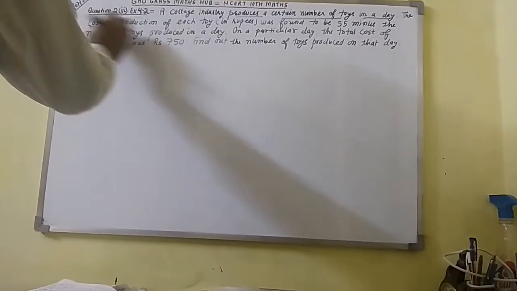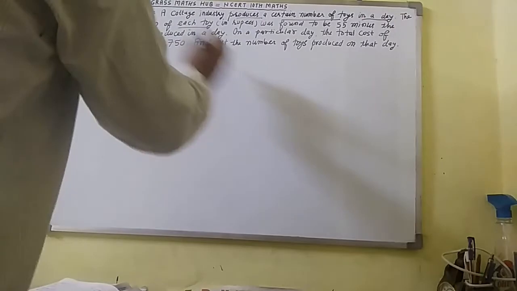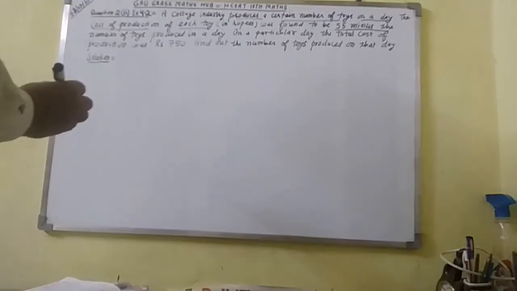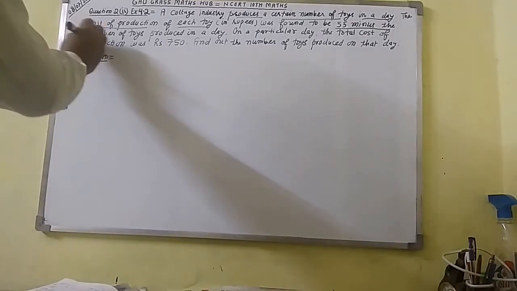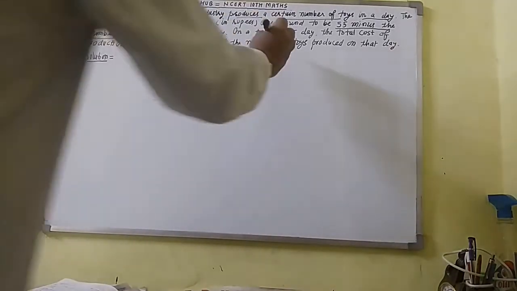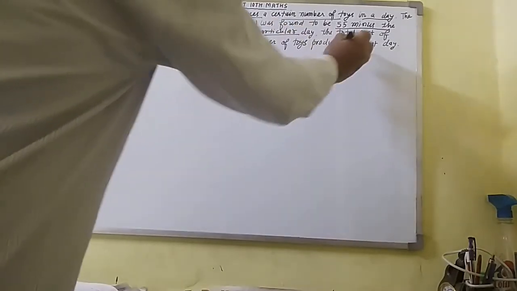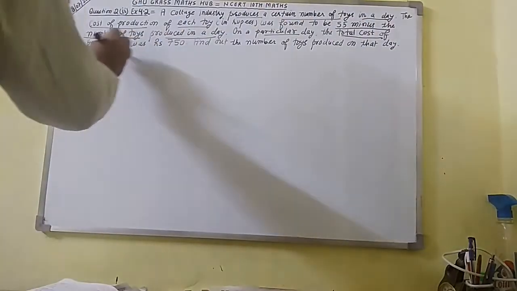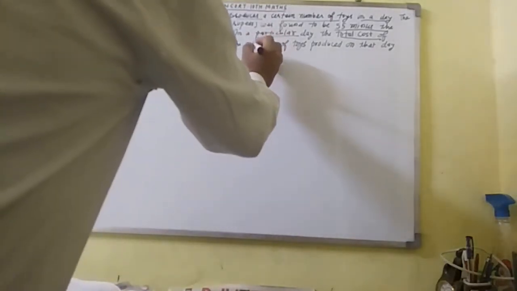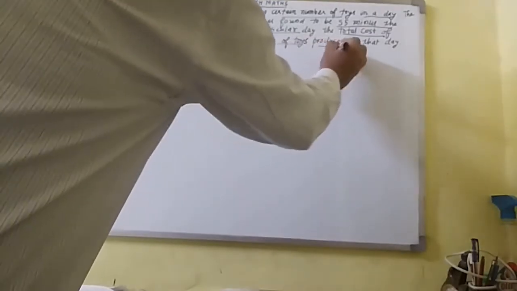Cost of production of each toy was found to be 55 minus the number of toys produced in a day. On a particular day, total cost of production was 750. Find out the number of toys produced on that day.